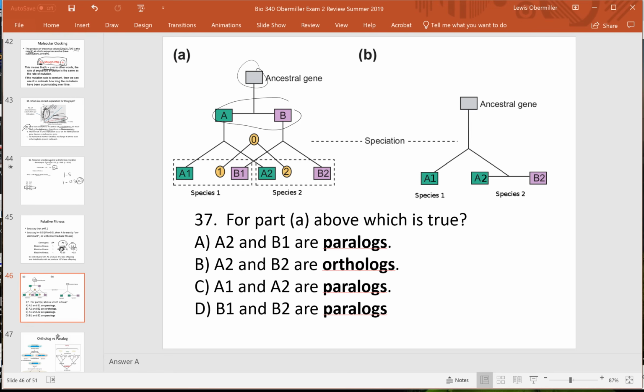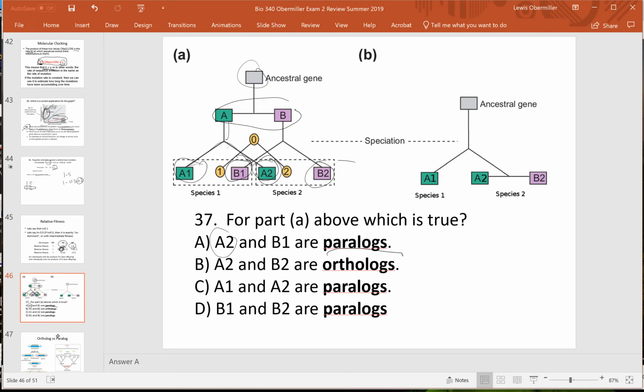Ancestral gene duplication. So these, all right, A2 and B1, those are paralogs, that's true.